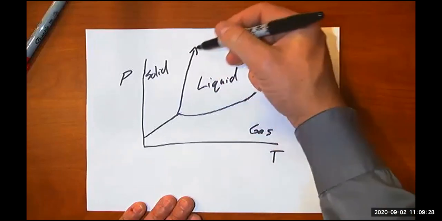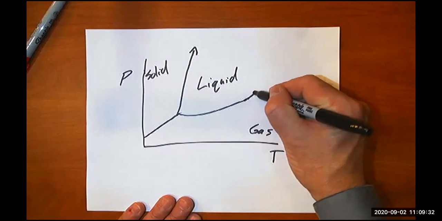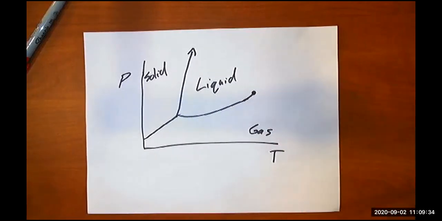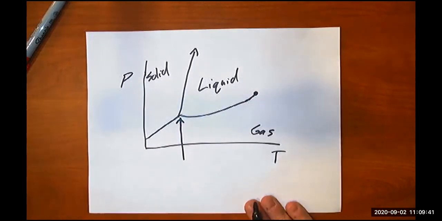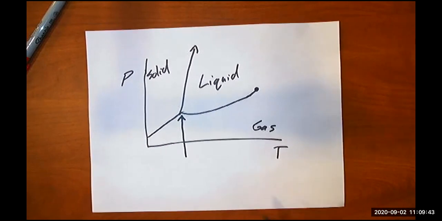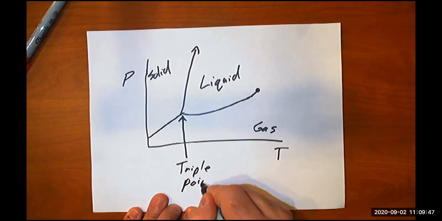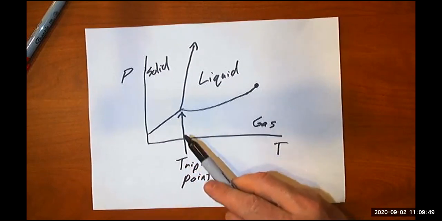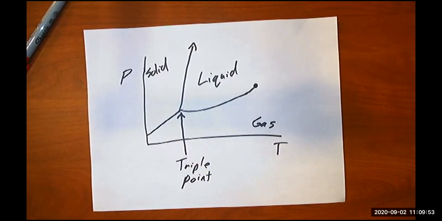This continues on beyond the graph. This side here reaches an endpoint. Okay. What is this point called? Yes. The triple point. Because it is the location where all three phases are in equilibrium with each other.